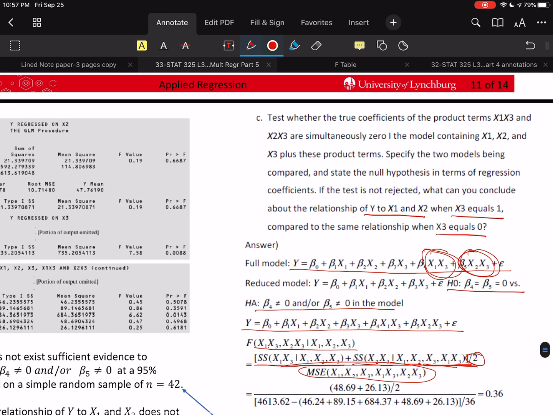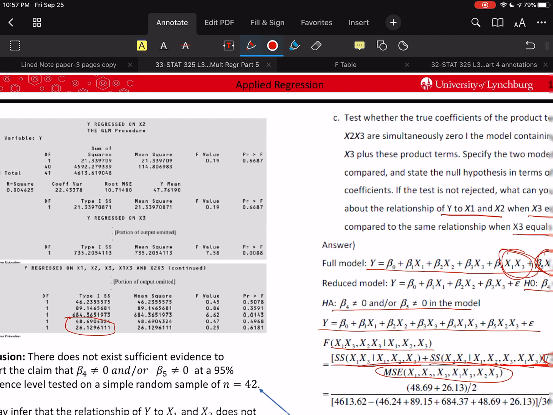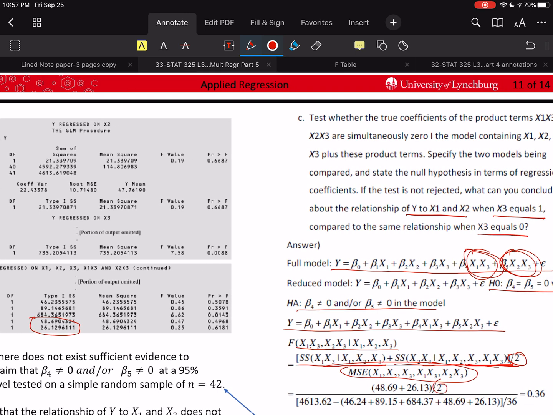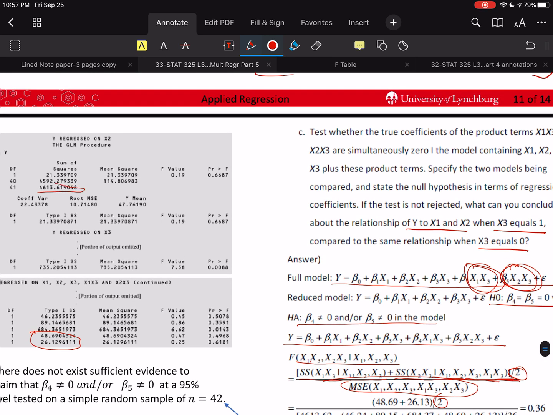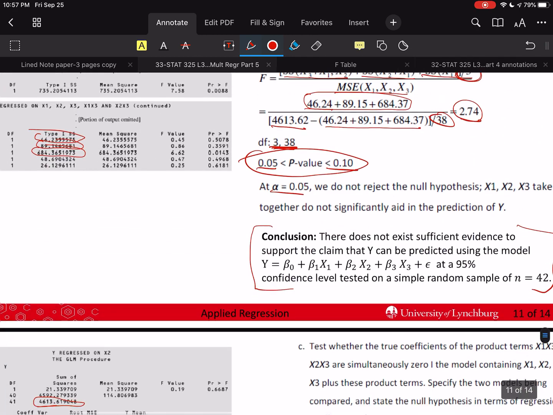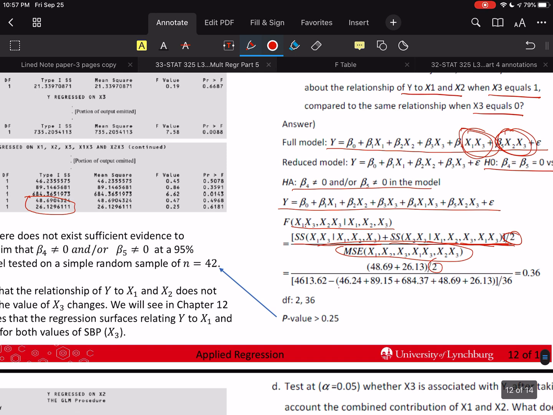So we look over here and we see that we have 48 and 26. We add those together and divide that by 2 in the numerator. And then we take the full sum of squares for y, 4613, and then we subtract these same values.